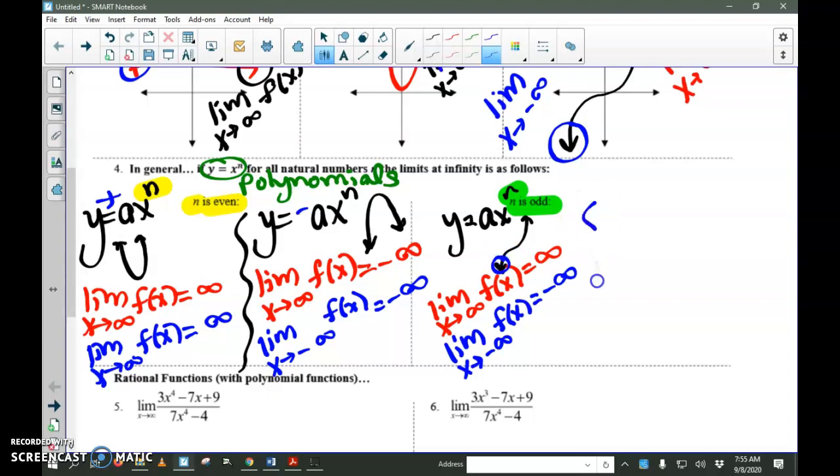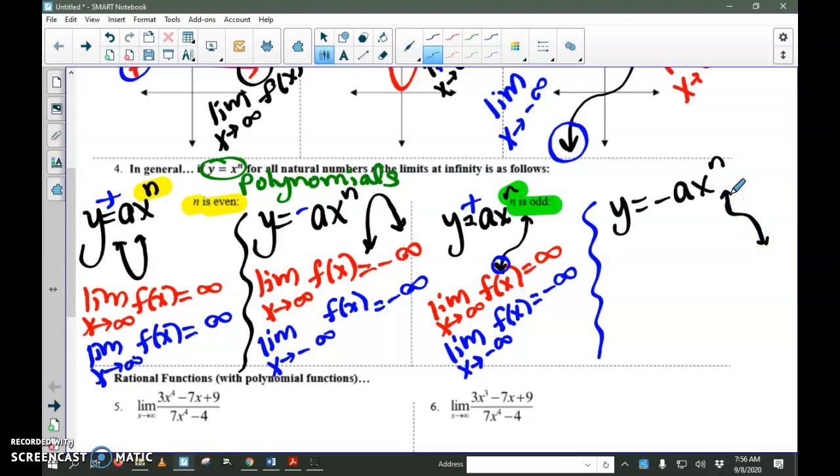And again, that happens when the a value is positive. So let's take a look at an example when the a value is negative. So again, I still have an odd exponent, okay? And my a value this time is negative, which means I'm going to reflect over the x-axis. So I end up getting a graph that looks like this.